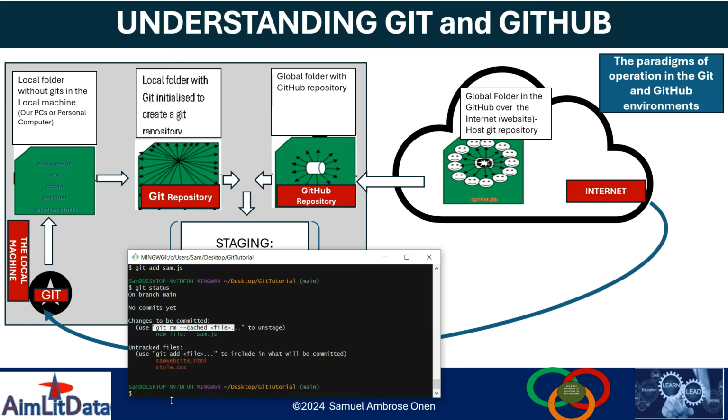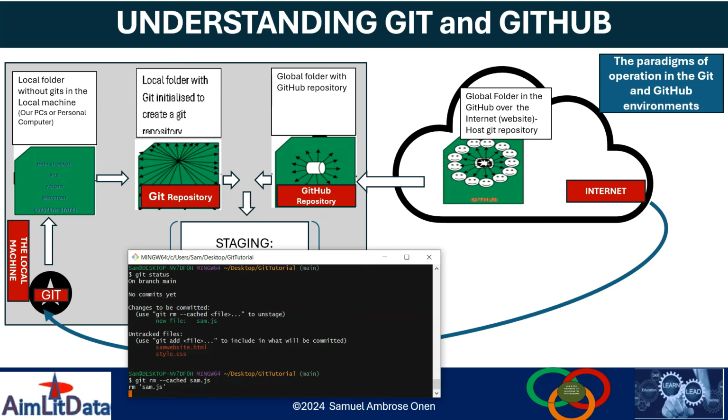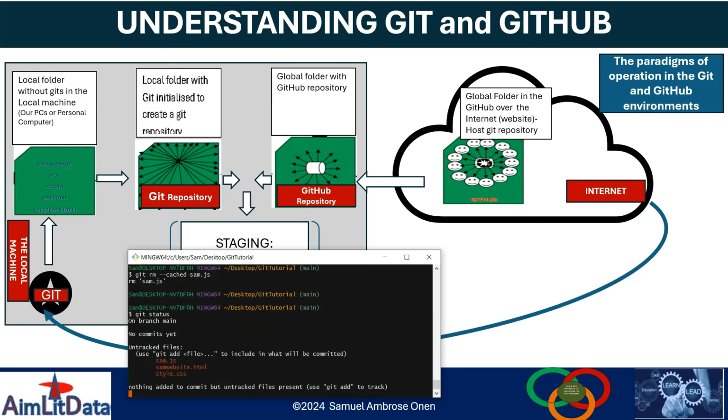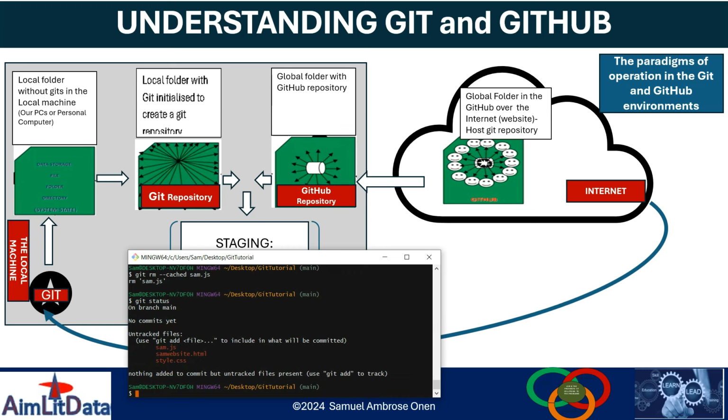So we need to type git rm --cached, then we put the name of the file that we want to move back, which is sam.js. So if you run git status again, you will see that sam.js is back here and there's nothing that is being tracked at the moment.